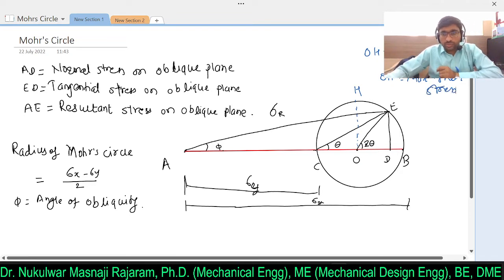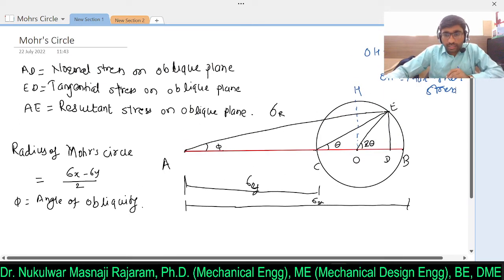Clear? So this OH will be the maximum shear stress value, or it means the radius of the circle. So as we have seen, sigma x minus sigma y divided by 2 will be the radius of the circle. Clear?